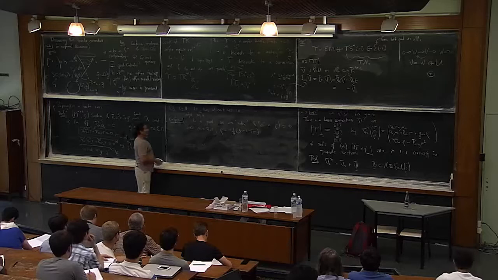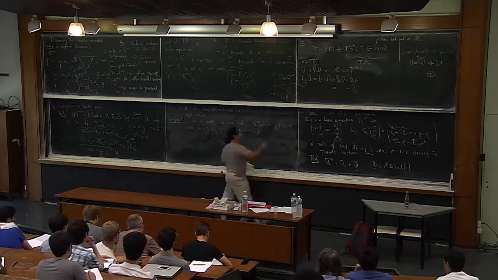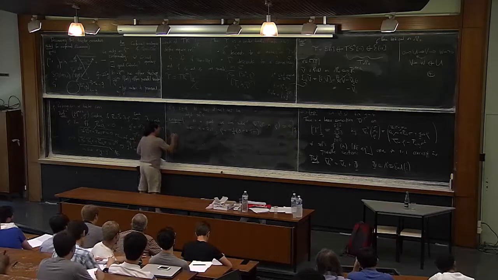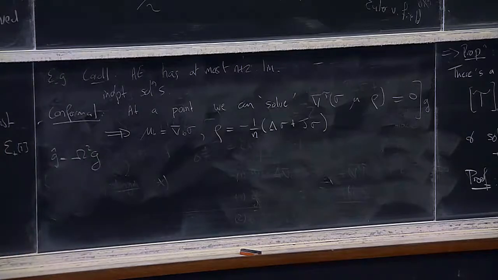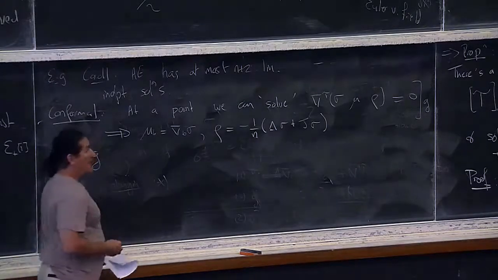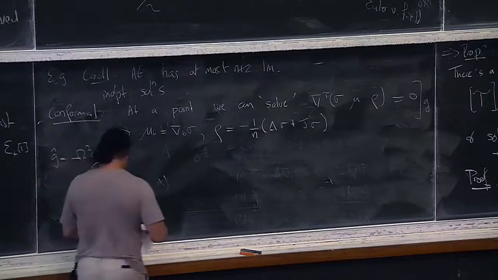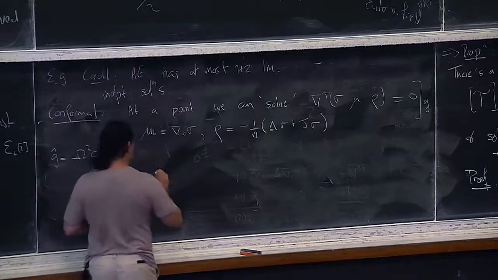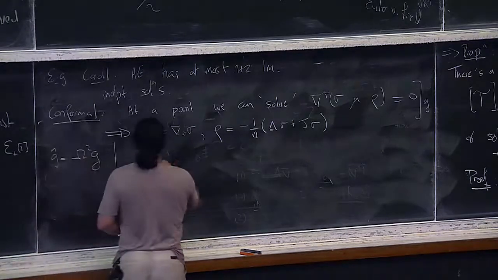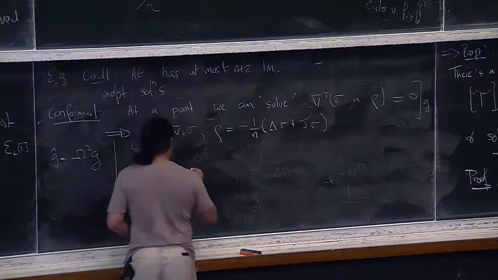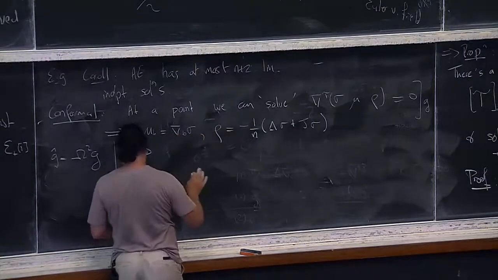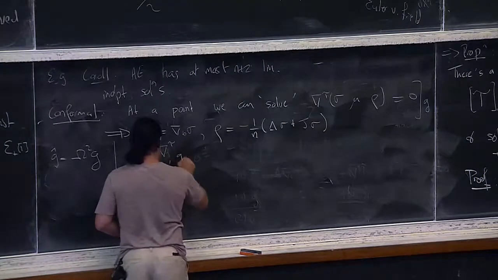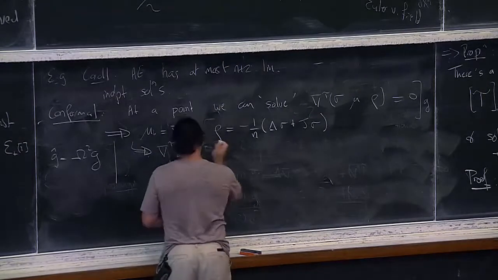So why did I want to do that? Well, this was all calculating in the metric g. So suppose I do this now in the metric g hat, which is conformally related to g. I want to know how sigma, mu, and rho transform. But first of all, before I do that, let me just say that this implies that the connection and the metric determine a canonical operator.